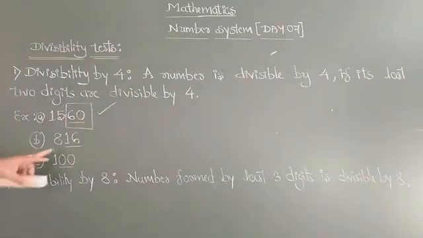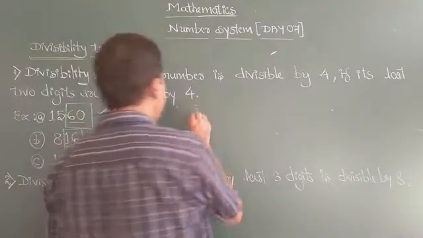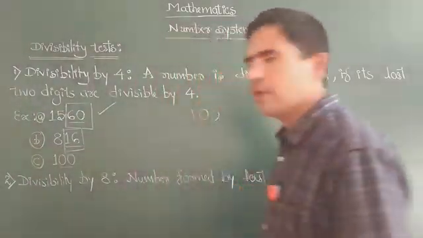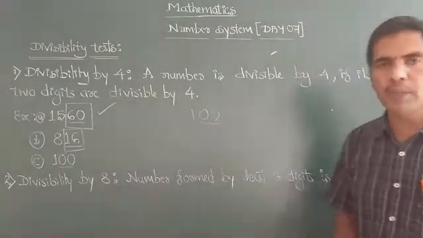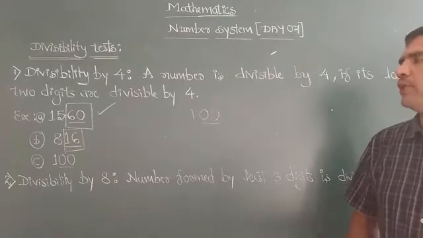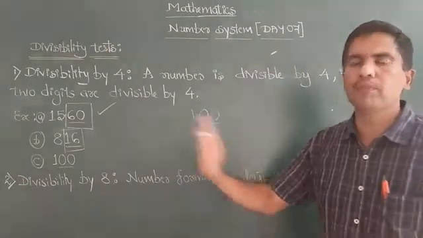Similarly, 816 is divisible by 4 because the number formed by the last two digits is divisible by 4. Then, what about 100? The last two digits are 0, 0. Remember, numbers ending with two zeros are definitely divisible by 4.